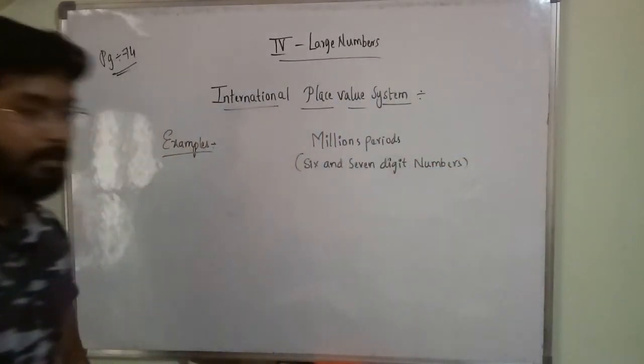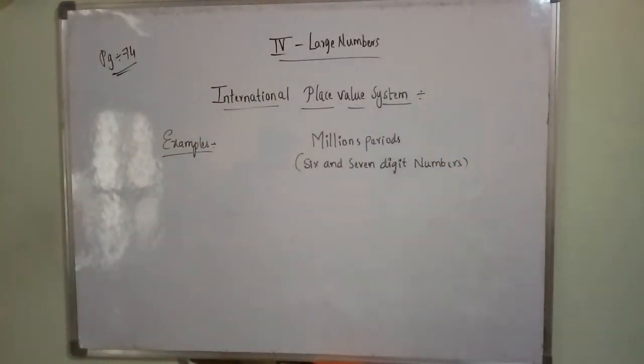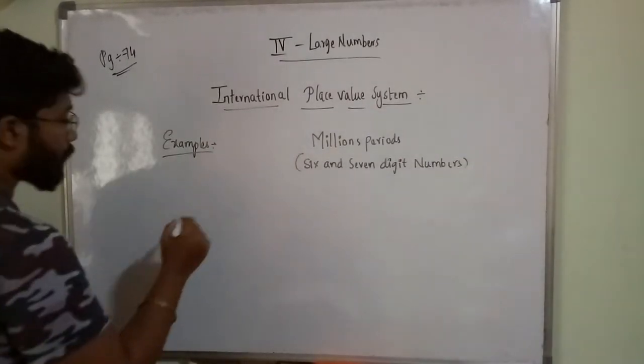So he has given up to the millions period in the table. Okay, so let us see the table.